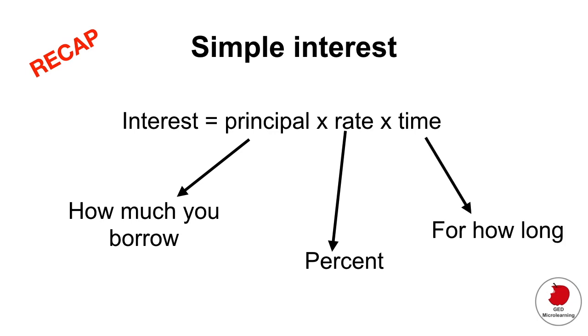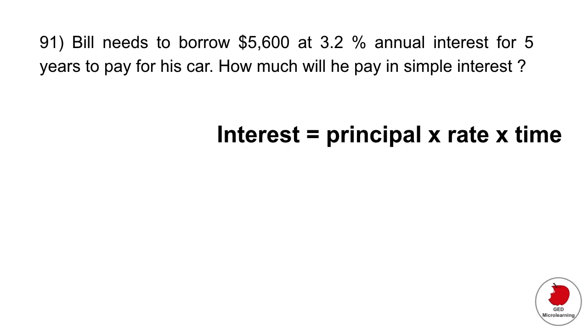And what you have to remember usually is that the time is usually in years, okay, not months. So if you ever get a question where it tells you it's in months, make sure that you convert it to years. Okay, so with that in mind, oops, I got the wrong number there. Sorry. So the principal is actually 5,600, not 7,600.